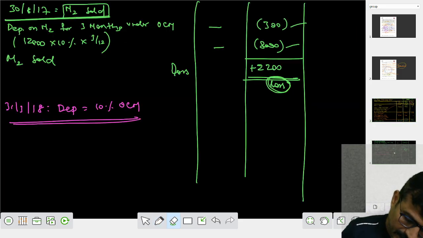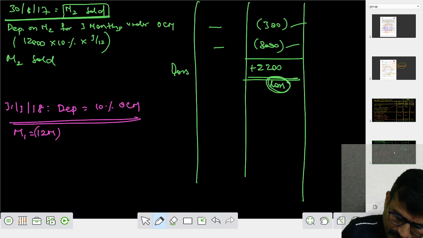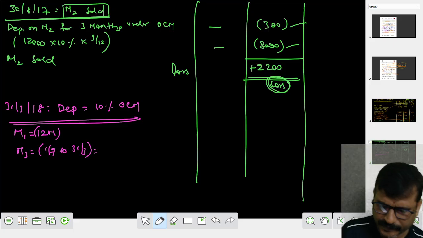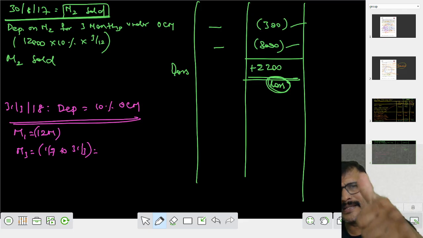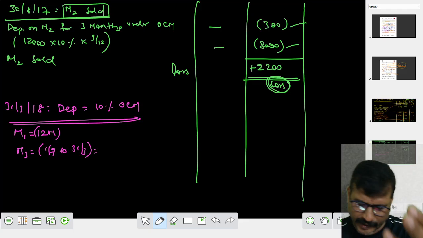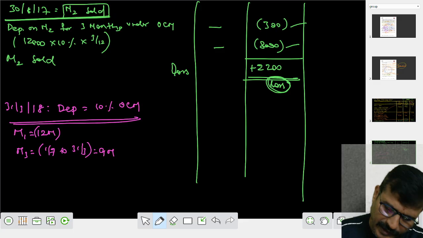So let me write. M1 12 months. M3 1st July to 31st March. July, August, September, October, November, December, January, February, March. How many months does it come to? It comes to 9 months.